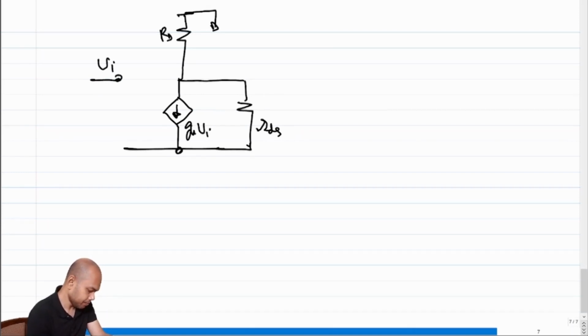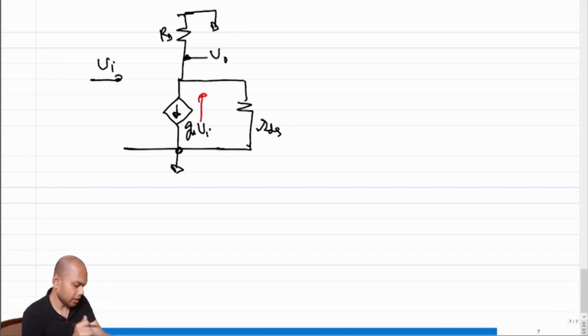This is VI, right? So again, what is the issue? The issue is the current that is flowing out, the negative current that is flowing out, is now getting divided between this and this. Earlier, the entire current was flowing into RD, and we were getting a voltage of minus Gm times RD times VI. In this case, we are getting a lower value of voltage, right?